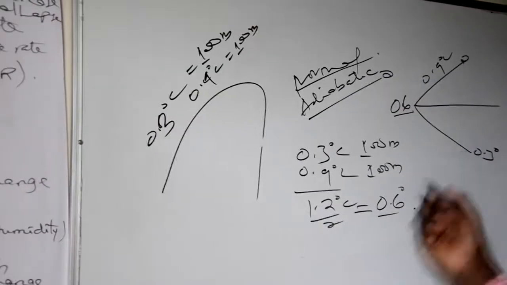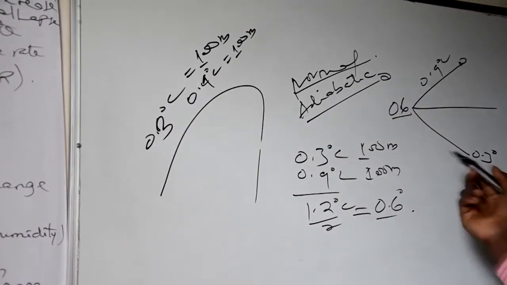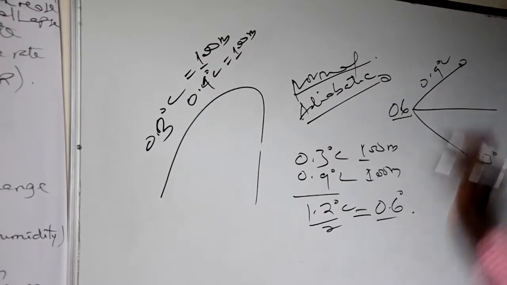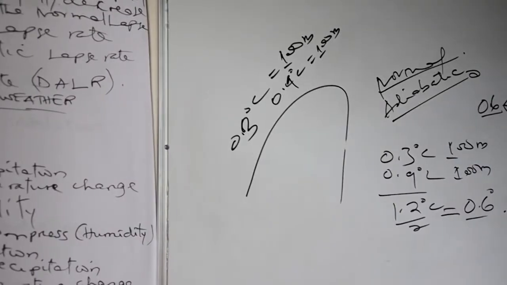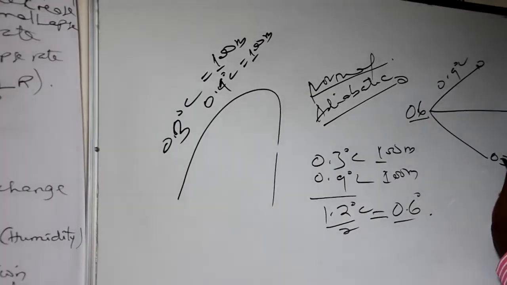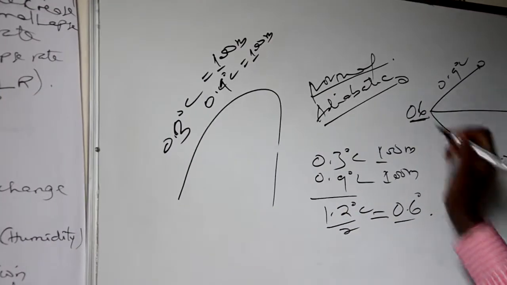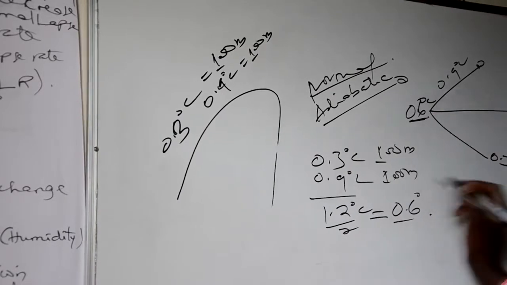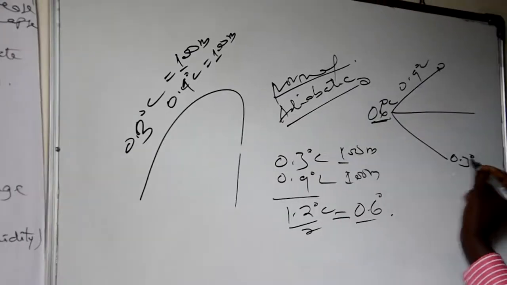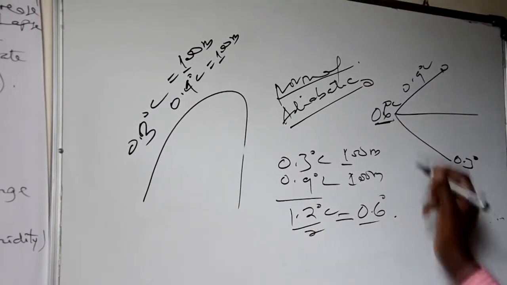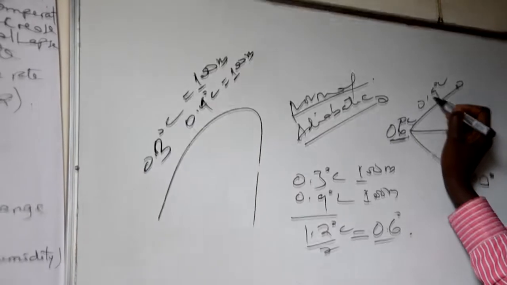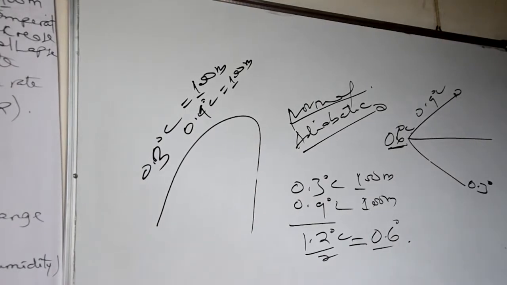Therefore, adiabatic lapse rate is when the temperature falls either below or above. For instance, 0.6 degrees centigrade is the normal one, below it there is 0.3 degrees centigrade, and above there is 0.9 degrees centigrade.